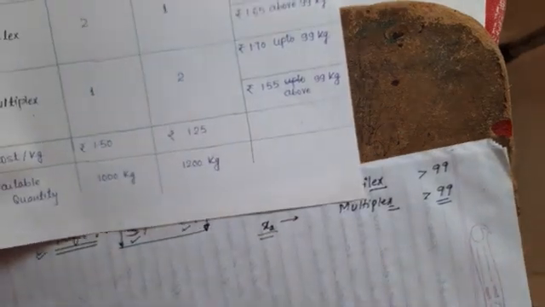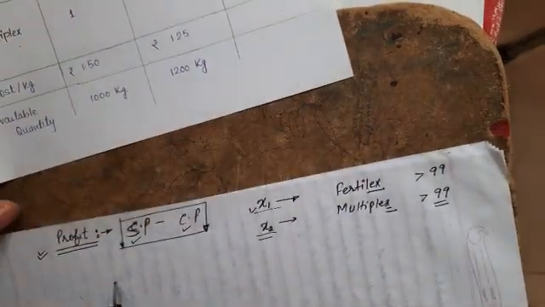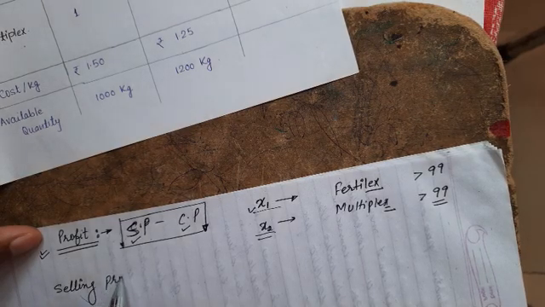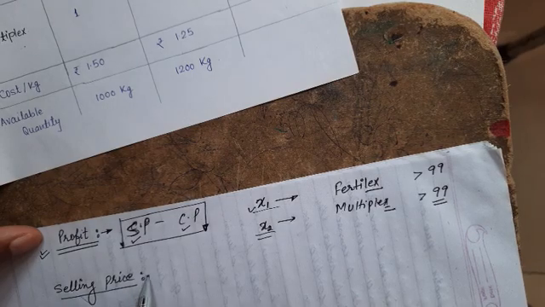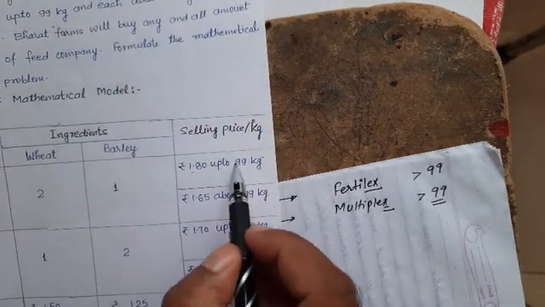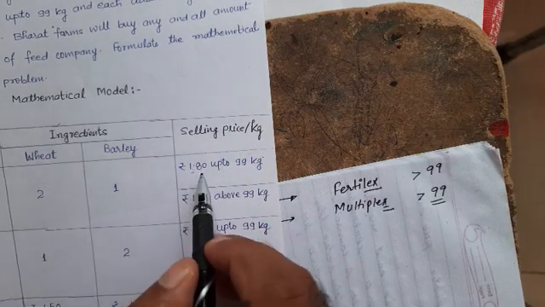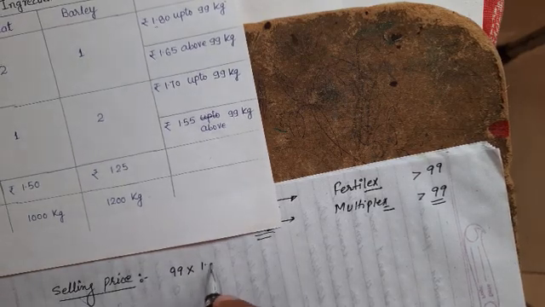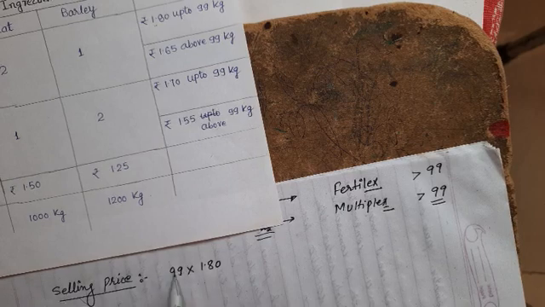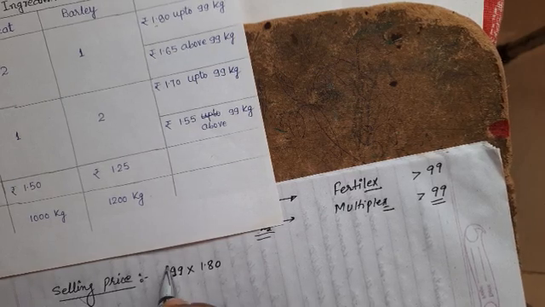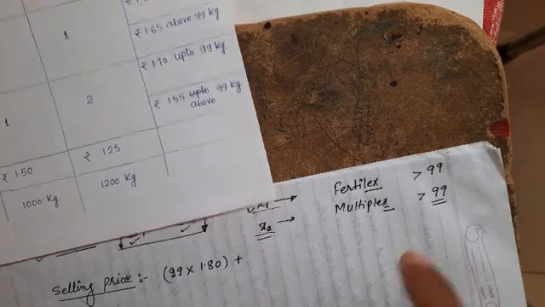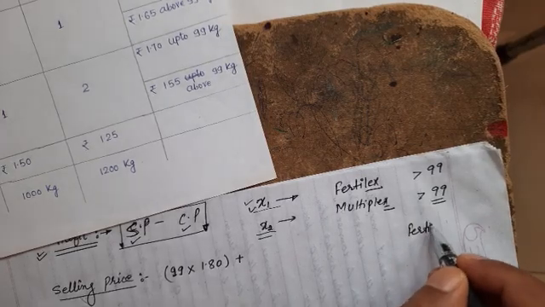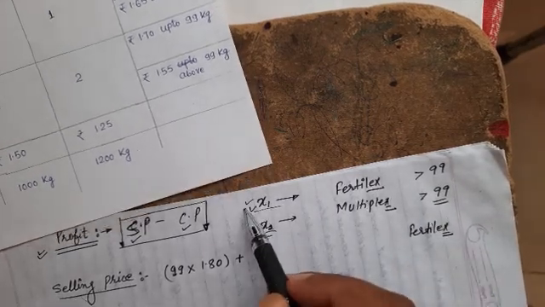So let us write what is the selling price. Selling price up to 99 kg, its cost is 1.80. So the price for up to 99 kg will be 99 times 1.80, and I am writing this for Fertilex. The quantity of Fertilex is x1.